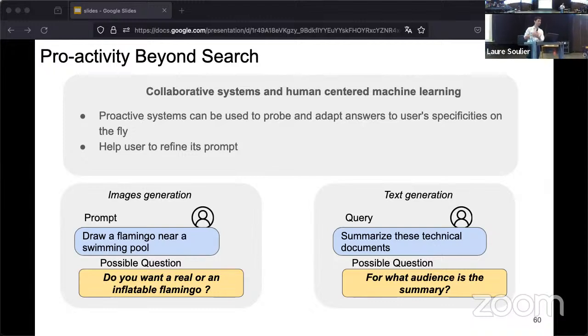For example, with image generation, as we saw earlier, a possible question could be, do you want a real or inflatable flamingo, before generating an image, because the first prompt is ambiguous. Or for text generation, summarize these technical documents. A possible question could be, for what audience is the summary, because you want to adapt the summary to various audiences.